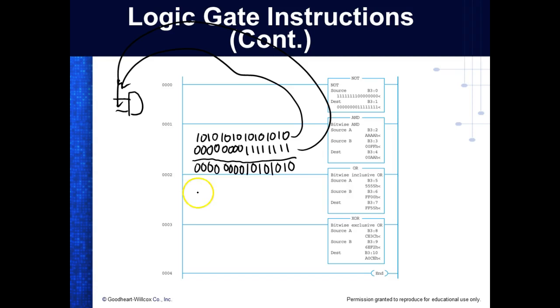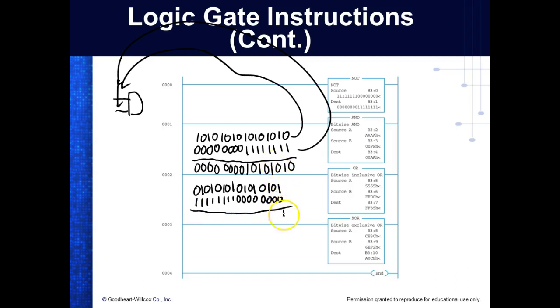So here they're using 5555. So 5, 5, 5, 5. And we're ANDing it with FF00. F, F, 0, 0.